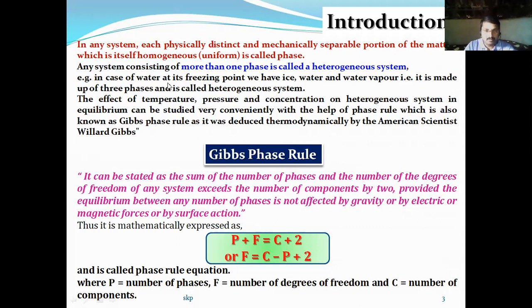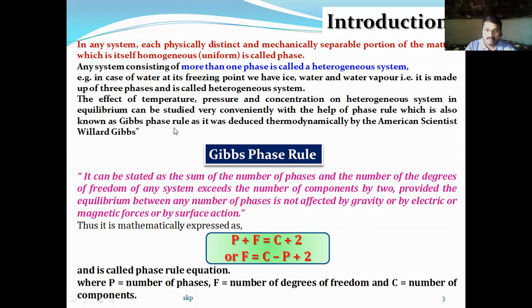For example, at its freezing point, water has ice, water and water vapors present. That means at a certain point water may be present as ice, as a liquid and as a vapor. It is made up of three phases: solid, liquid and gaseous. So it is called as heterogeneous system.